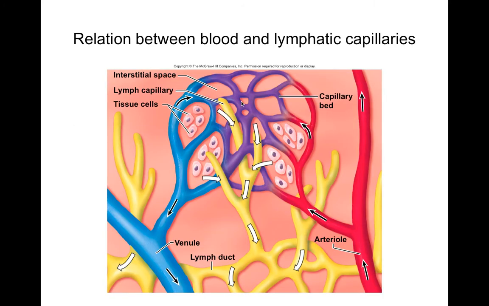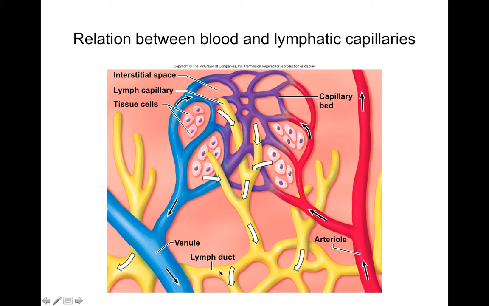And again, I just want to show another diagram showing a tissue. Here we have in yellow showing the lymphatic capillaries, right? And they'll be picking up fluid from the interstitial tissue. And these lymphatic capillaries are going to feed into these bigger lymph ducts.